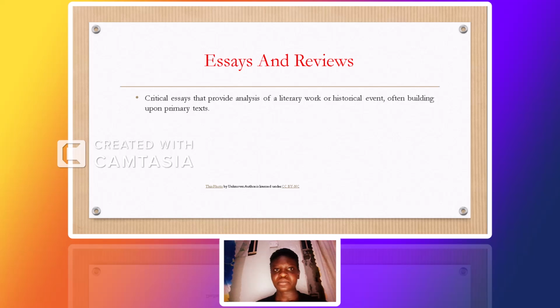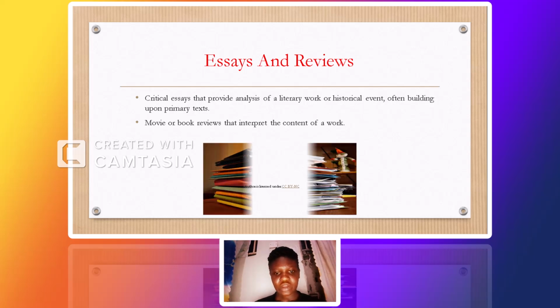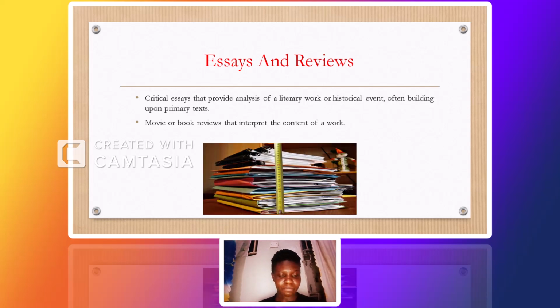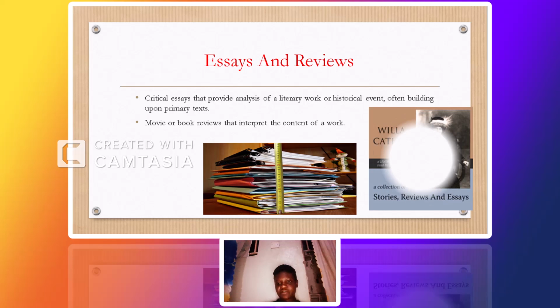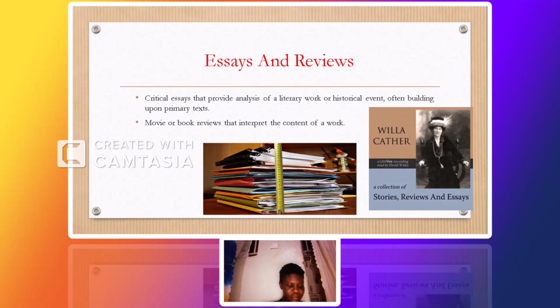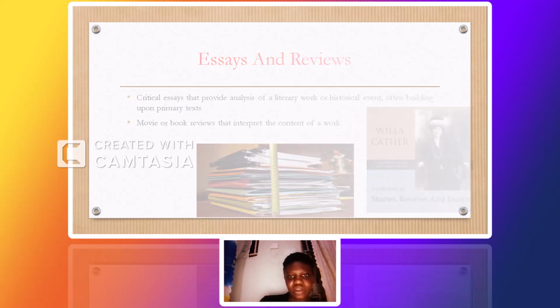Here we can look at movie or book reviews that interpret the contents of a work, might be any piece of work, even including stories. So that's what you can say about some examples of secondary sources.